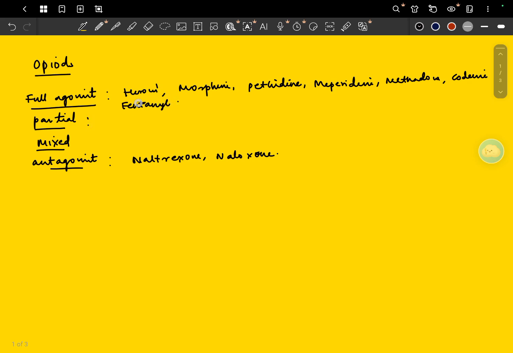Coming to partial, we have only one, that is buprenorphine. And in mixed we have pentazocine, butorphanol, and nalbuphine. So these are the examples you have to remember.